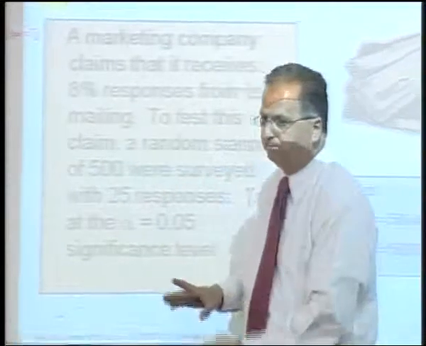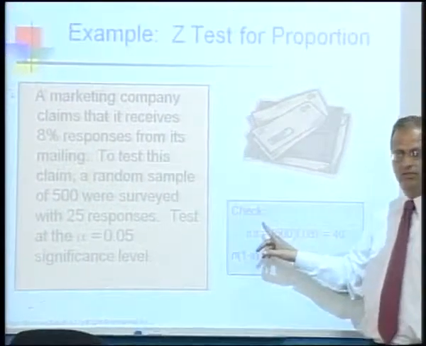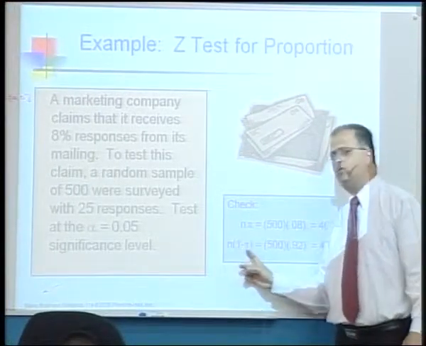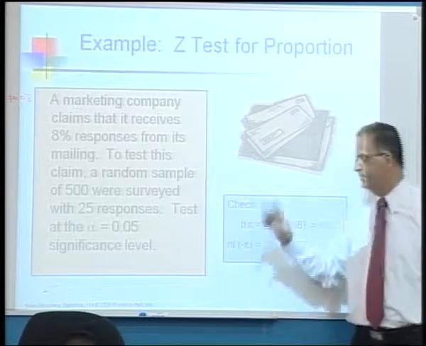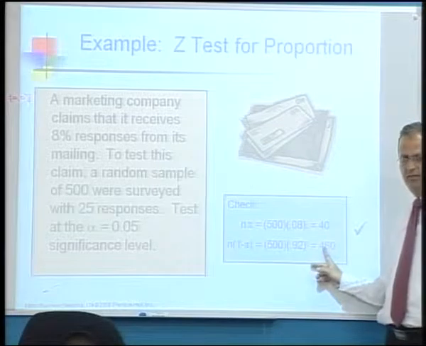Now the first step, we have to check the two conditions. n times pi: n is 500, pi is 8%. So 5 times 8 gives 40. Now the other condition is the complement. Since n equals 500, this one should be 460.